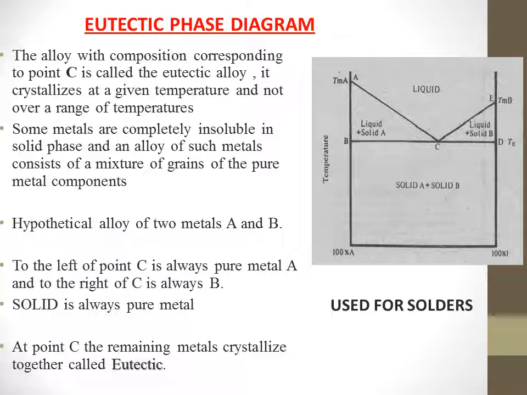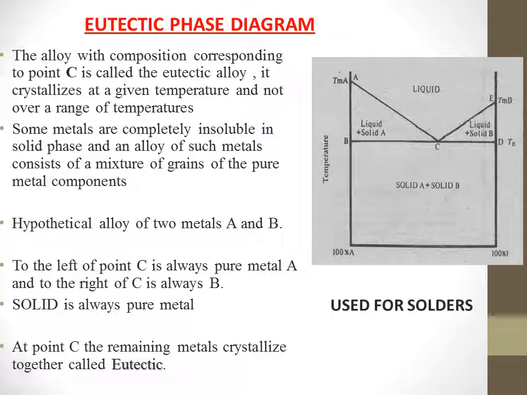Some metals are completely insoluble in solid phase, and an alloy of such metals consists of a mixture of grains of the pure metals. So hypothetically, again, we are taking two metals A and B. To the left of the point C is always pure metal A, and to the right of C is always pure metal B. Solid is always pure metal, and point C is a mixture of both A and B, and it is also called the eutectic alloy.